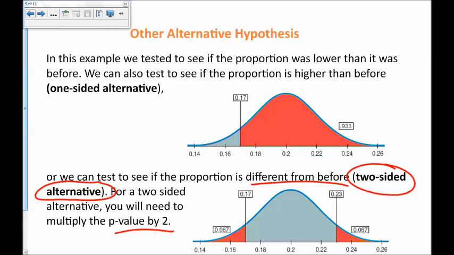Okay, and I will state, by the way, that a one-sided alternative hypothesis that is higher than would look like this, which probably is not surprising to you. P is some hypothesized value, like 0.2 for this example. Okay, and the alternative for the different from would look like this. H sub A is P is not equal to 0.2 or whatever the hypothesized proportion is.